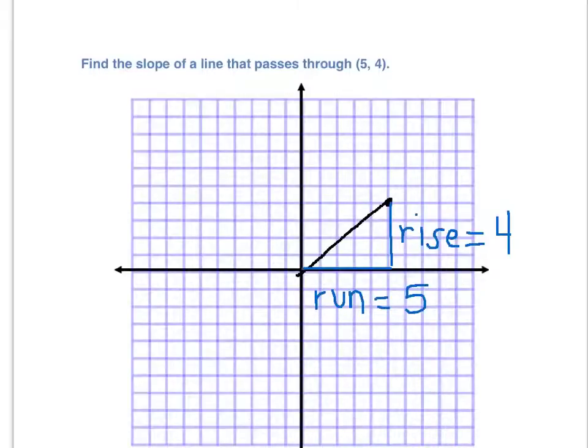So our slope, which is indicated by the letter m, is 4 over 5. Because our line increases from left to right, it's going uphill, we have a positive slope.